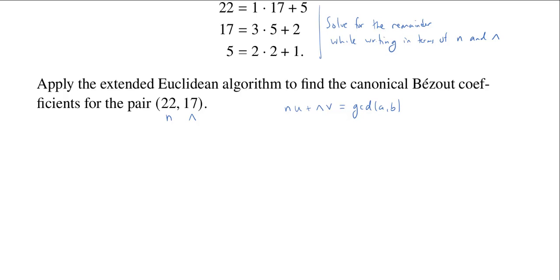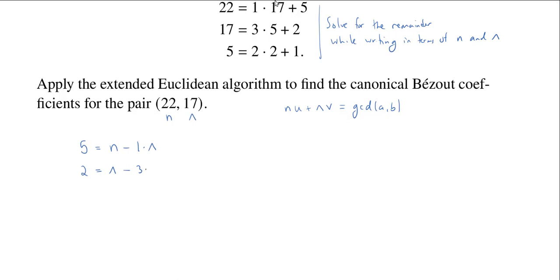So here we go. We're going to start from the top line, and I'm going to solve for the remainder. And I'm going to write 5 is equal to, well, it should be 22, but I'm not going to write 22. I'll just write n minus 1 times wedge. Okay, that was the 17. Now I go to the second line, and I get 2. 2 is equal to, okay, 17 is my wedge, minus 3 times 5.